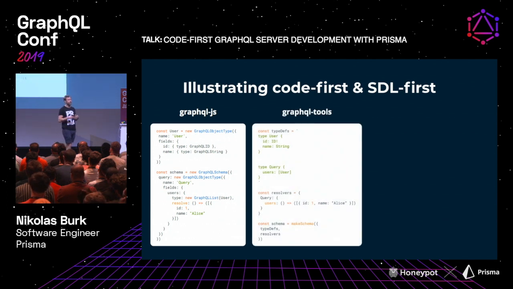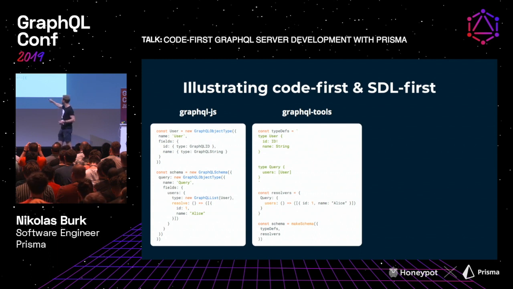Then we have GraphQL tools as an alternative, the first library that really popularized the schema-first or SDL-first approach. Here you see exactly what I mentioned before: we have the schema definition defined as a string. Then we have a resolvers object that follows the same structure as the schema definition.